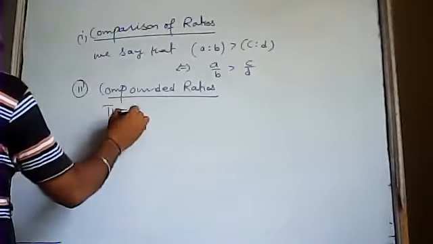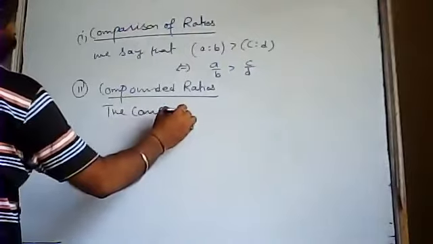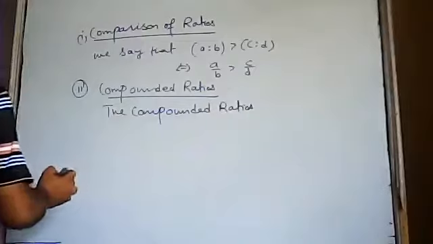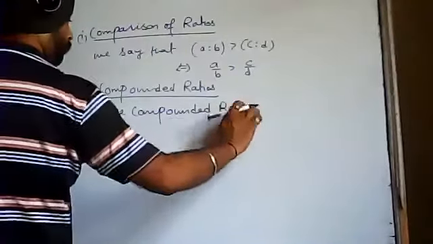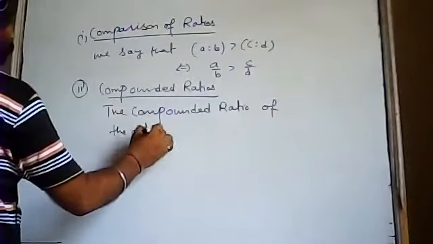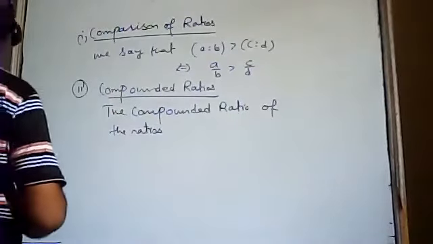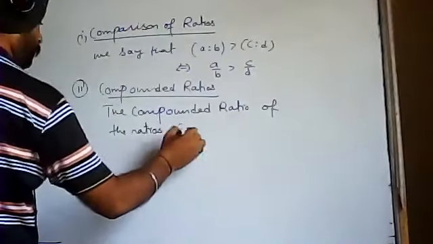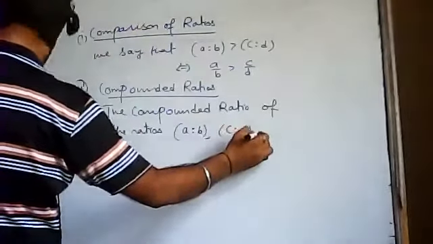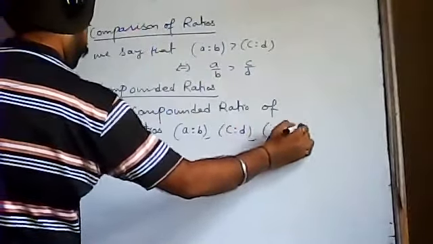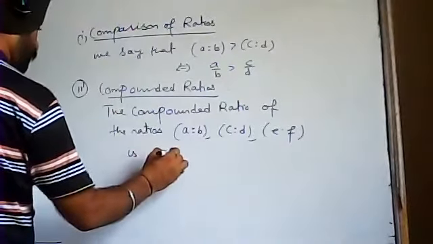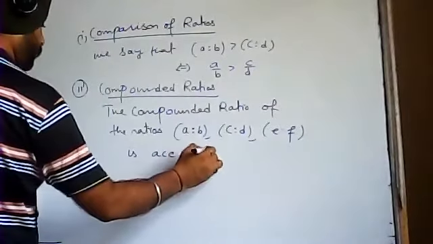The compounded ratio of the ratios A is to B, C ratio D, E ratio F is A C E ratio B D F.